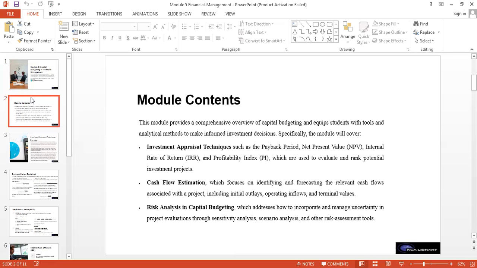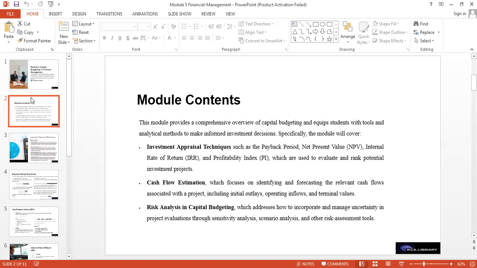We will also look into cash flow estimation, which focuses on identifying and forecasting the relevant cash flow associated with a project, including the initial outlay, the operating inflow, and then the terminal value.